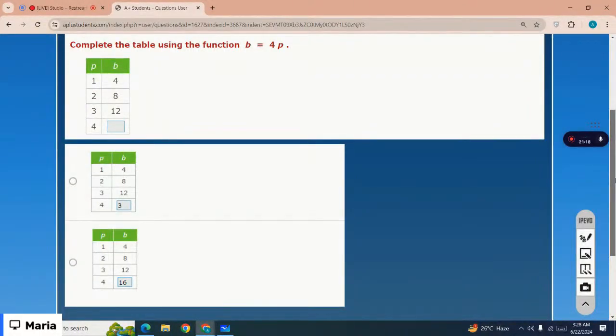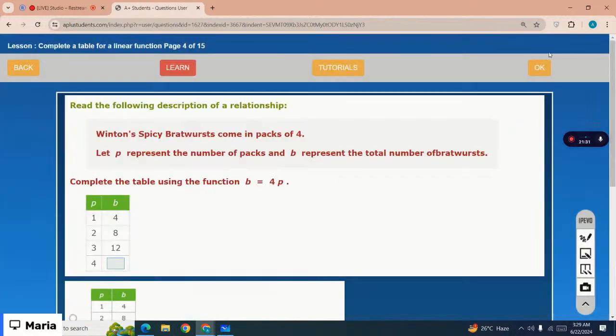Option number two is the correct option, right? Because you have to calculate the value of b for p equals 4. So 4 times 4 is 16. Option number two is the correct option.